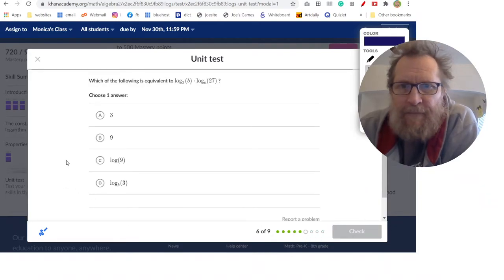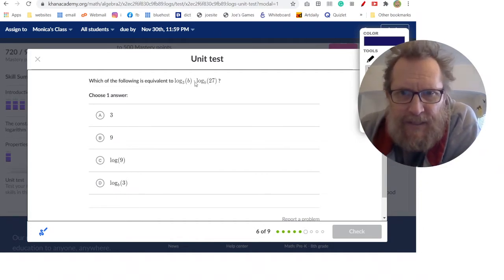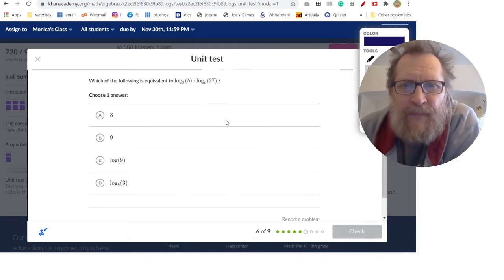All right, which of the following is equivalent to, let's look at this, log of b base 3 times log 27 base b. All right, so here we've got different bases, right? I guess the easiest way to do this is to change the bases.